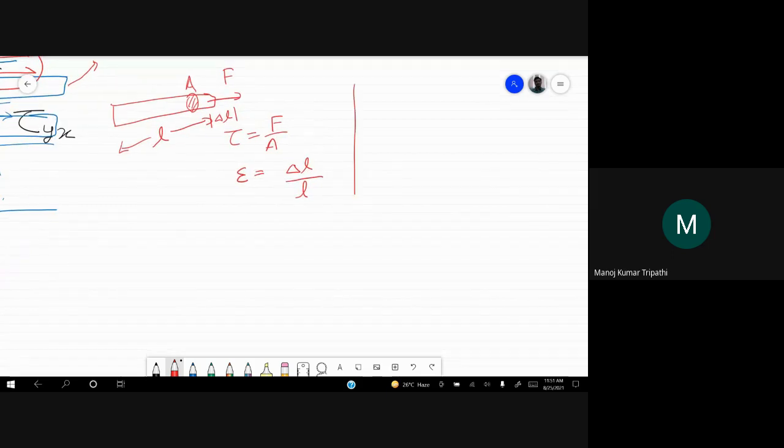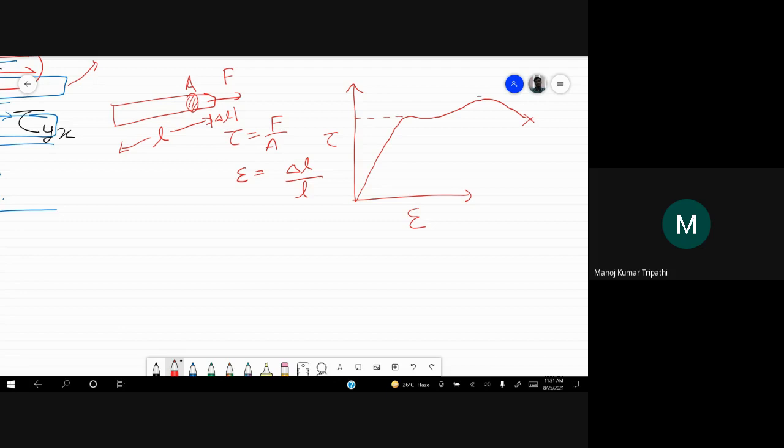If you plot a graph between these two, epsilon and tau, you get something like this. The solid breaks there at that cross. This is known as the yield strength, tau y.